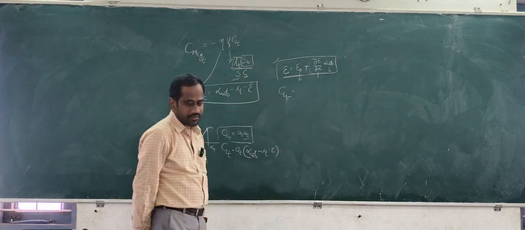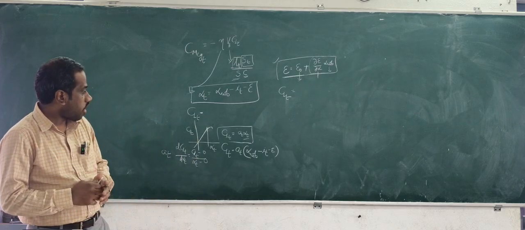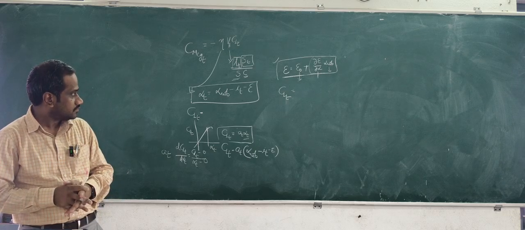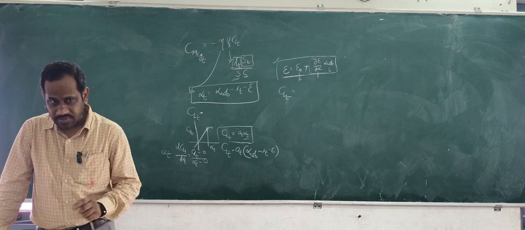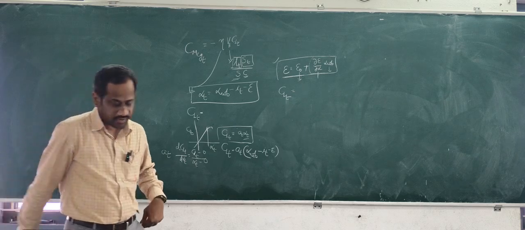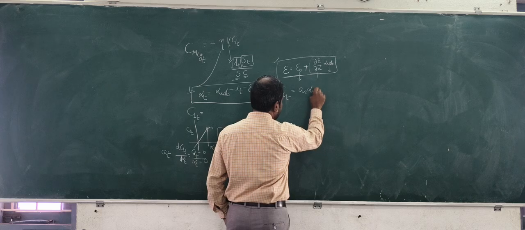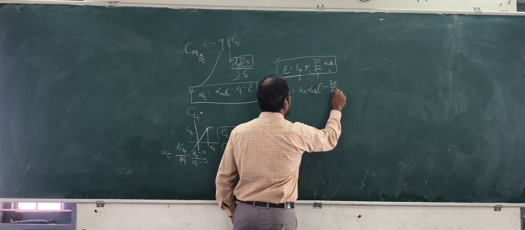I will tell you and then we'll write. Write down. AT alpha WB into 1 minus dou epsilon by dou alpha. Is it right? AT alpha WB 1 minus dou epsilon by dou alpha.